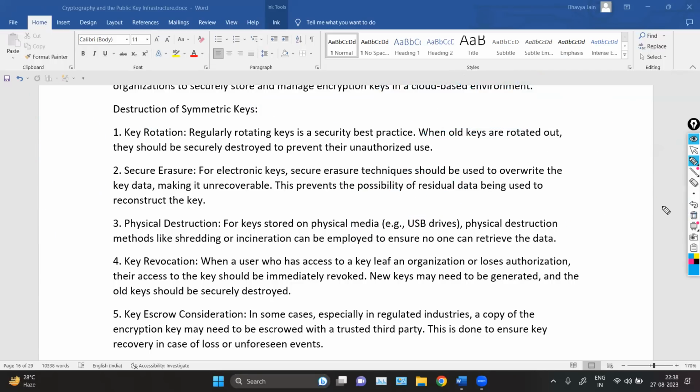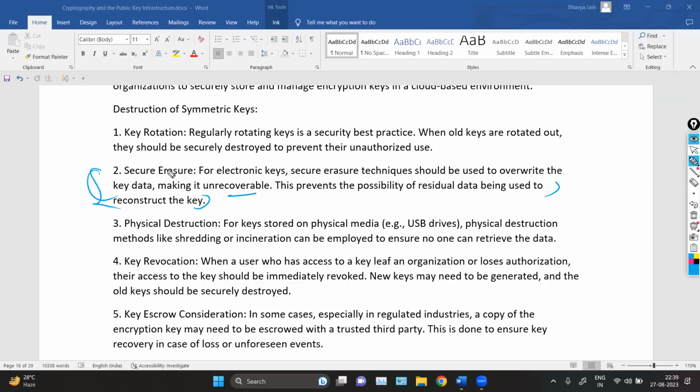Okay. So now we have secure eraser. So for electronic keys, secure eraser techniques should be used to overwrite the key data, making it unrecoverable. Okay, so this prevents the possibility of residual data being used to reconstruct the key. That is secure eraser, where we are using multiple techniques to overwrite the key data.